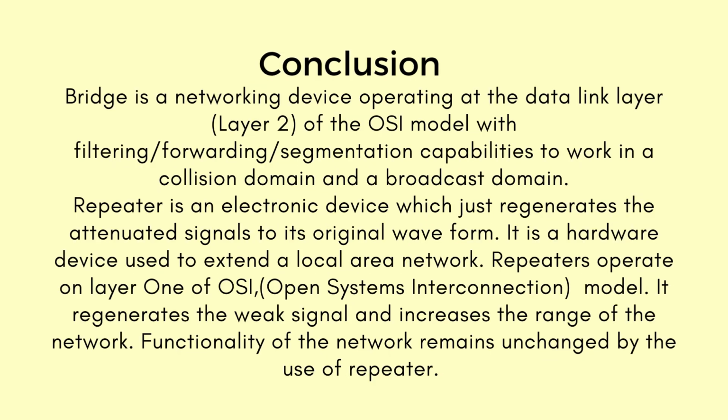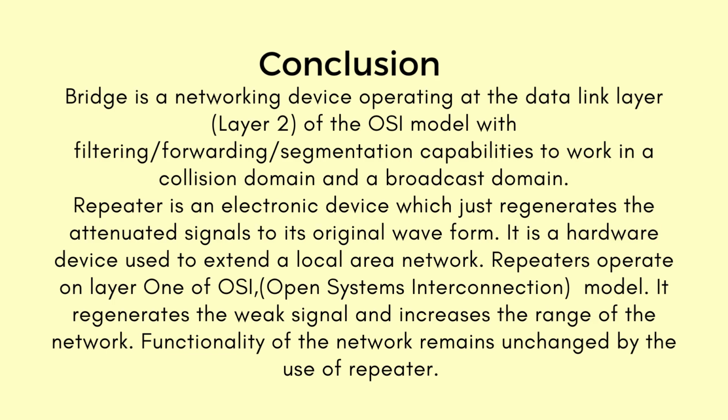Conclusion. A bridge is a networking device operating at the data link layer, layer 2 of the OSI model, with filtering, forwarding, or segmentation capabilities to work in a collision domain and a broadcast domain. A repeater is an electronic device which just regenerates the attenuated signals to their original waveform.